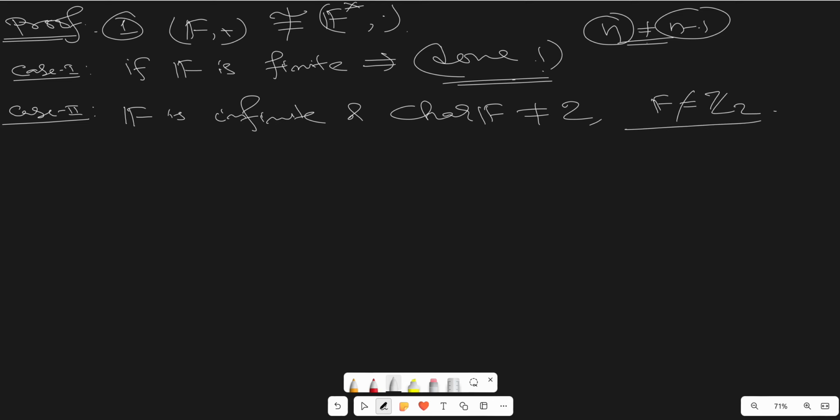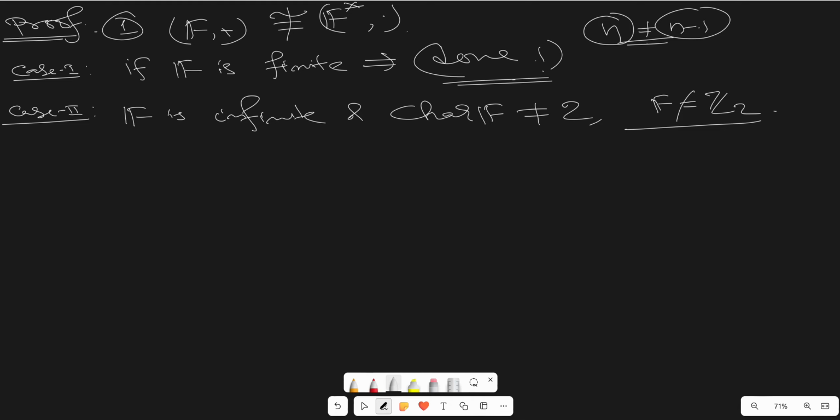The fields with characteristic 2 are very special fields, so we cannot consider them here. So we are assuming that F is infinite and the characteristic is not 2, that is, F is not Z2.